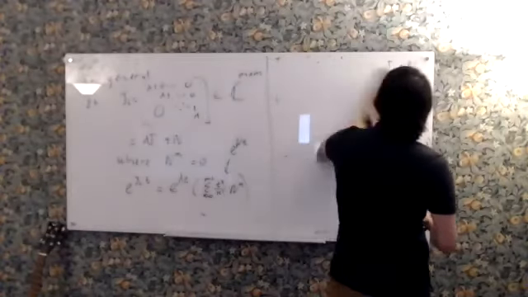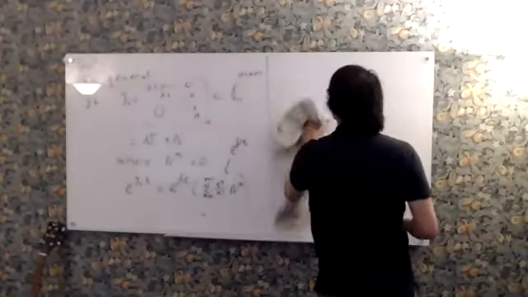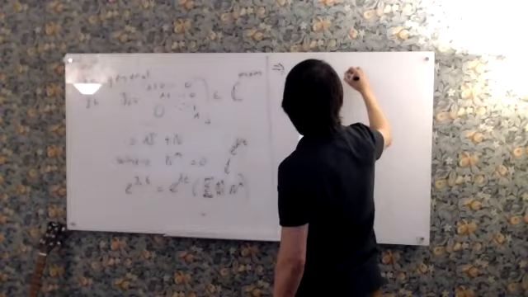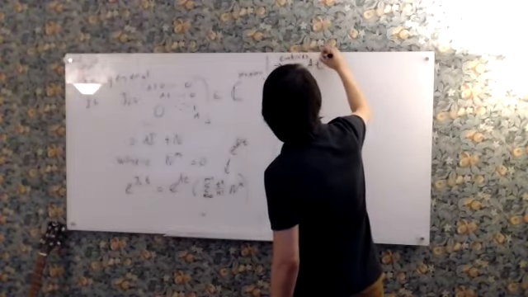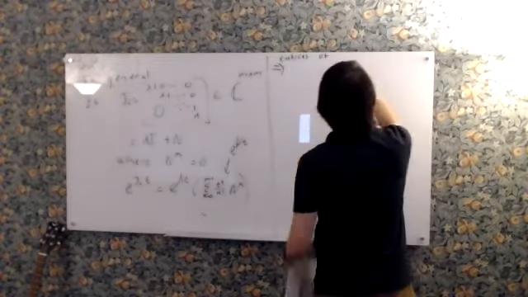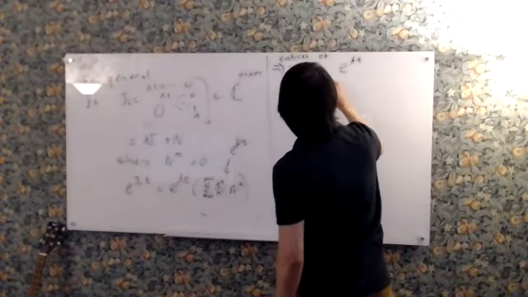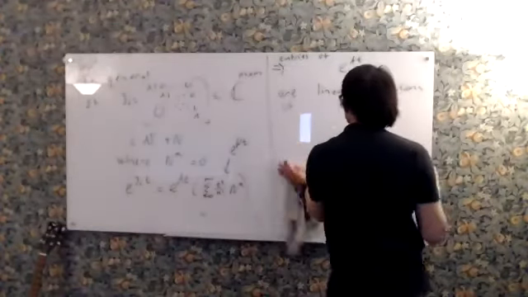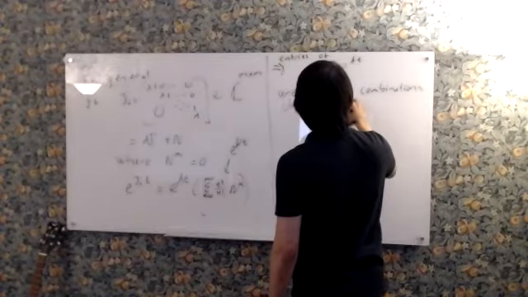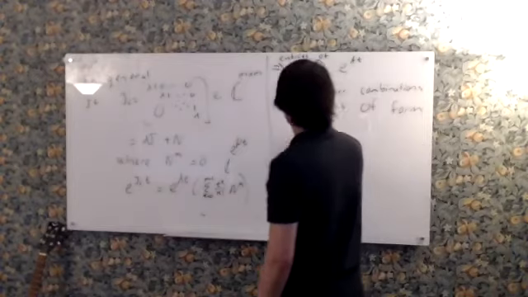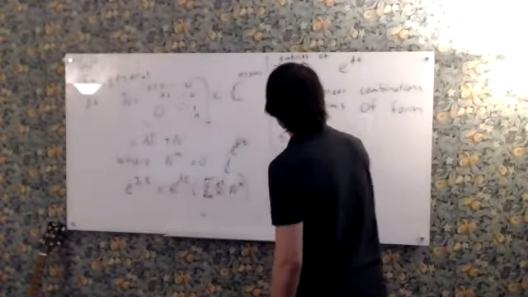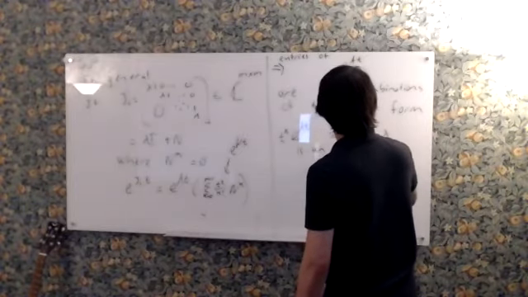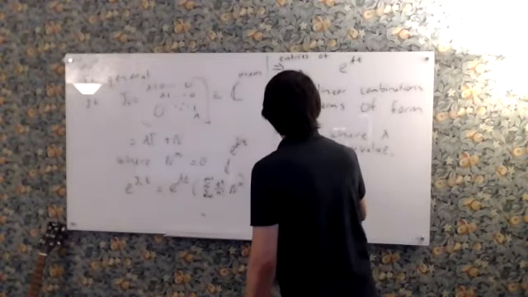So this implies that the entries of the matrix e to the At are linear combinations of terms of the form e to the lambda t, t to the k, where lambda is an eigenvalue, and k is greater than or equal to 0.